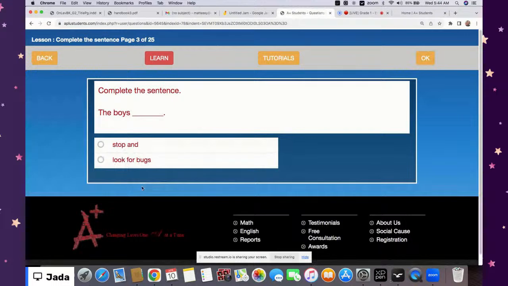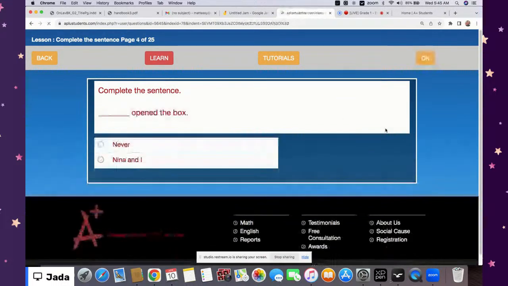What is the right action part here? Look for bugs. Okay.